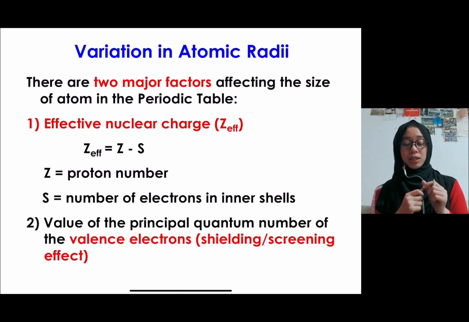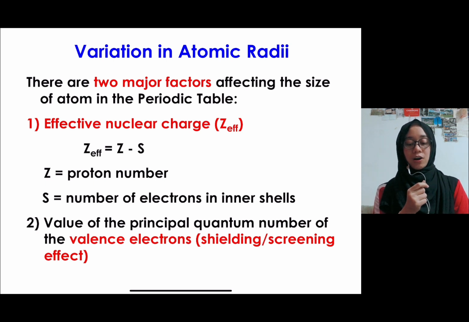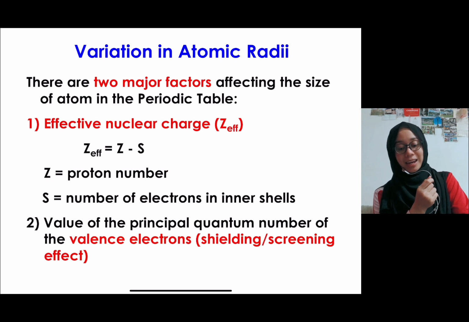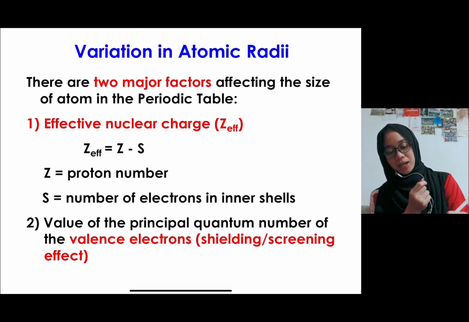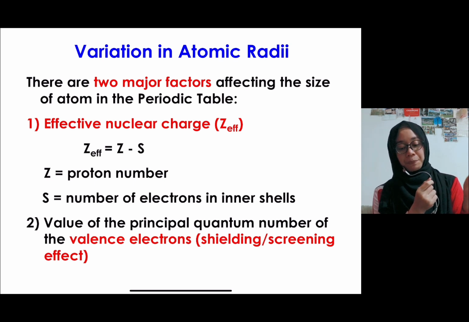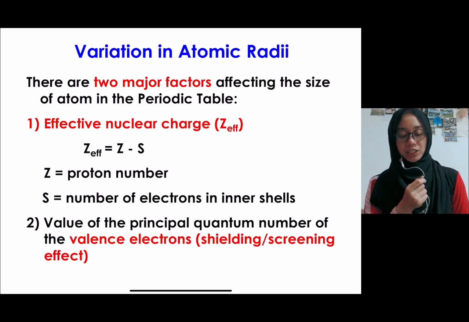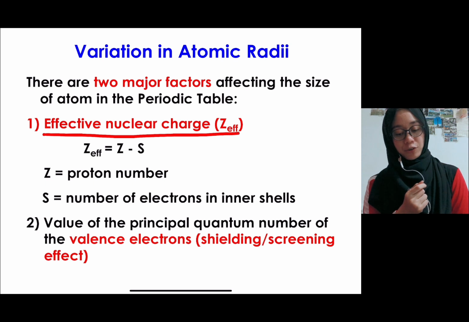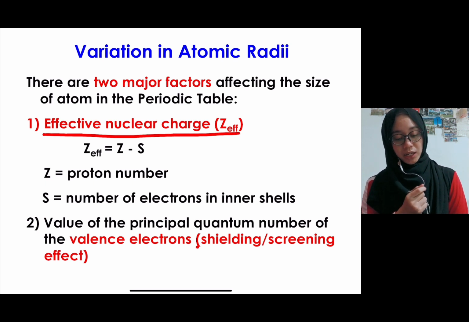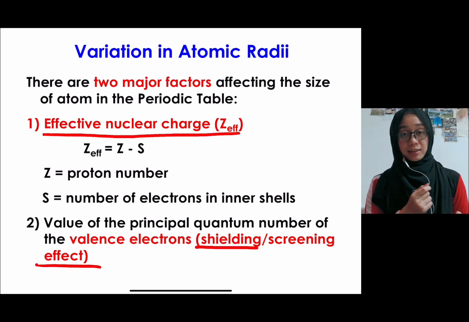Lepas tu the second one is the value of principal quantum number. Sekali lagi kita jumpa N kan, principal quantum number ni adalah N. So tapi kita tengok untuk yang valence electron sahaja. So this one is actually what we call as the shielding effect ataupun screening effect. So the two major factors yang kita akan tengok is actually the effective nuclear charge and also the shielding effect.